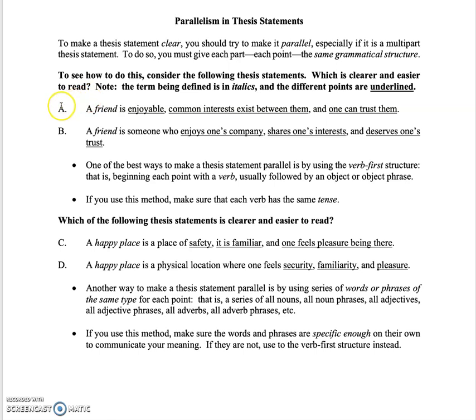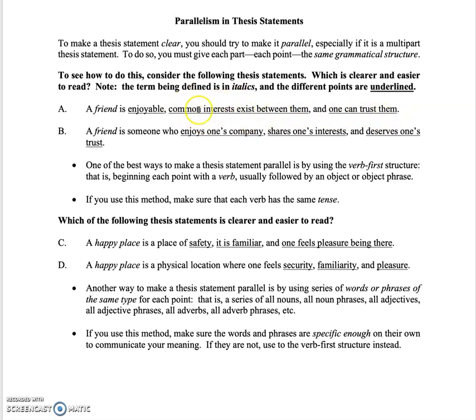Let's first take a look at why A is not parallel. So A is not parallel because each of these three different underlined parts are a different structure. The first is just a one-word adjective. Then the last two are both independent clauses, so a completely different structure. And then between them, they're very different.